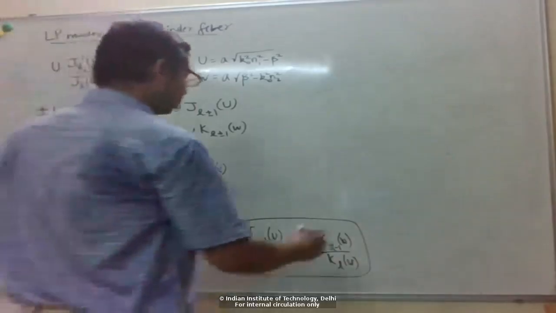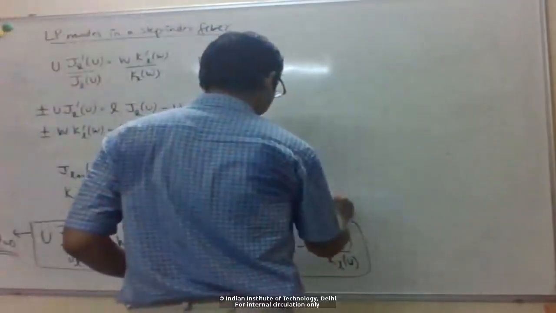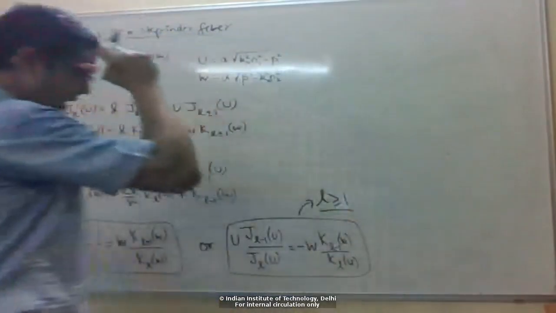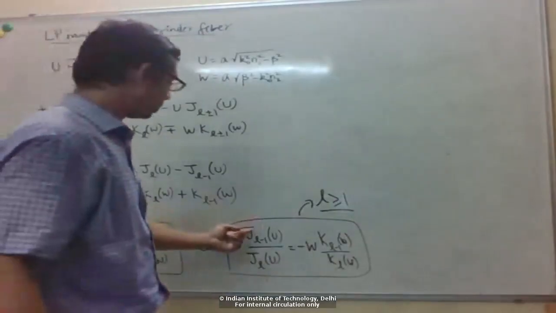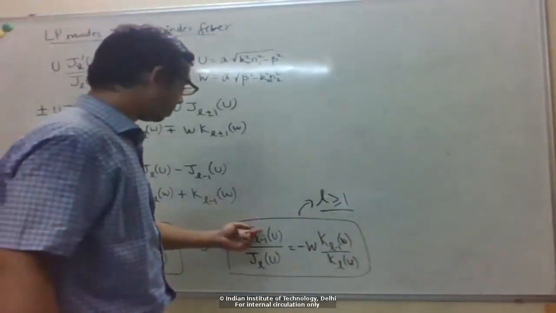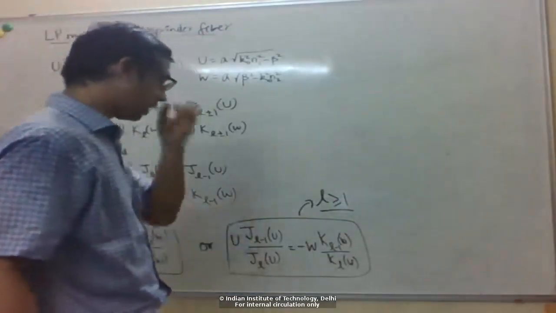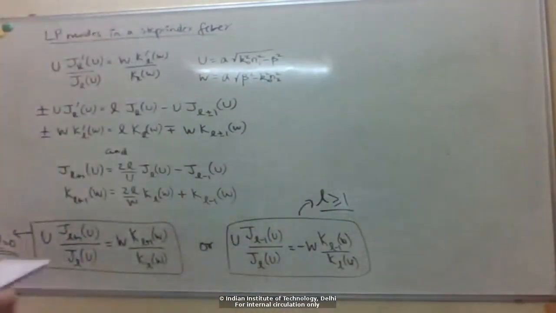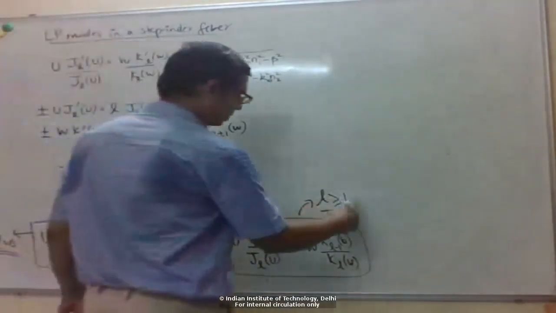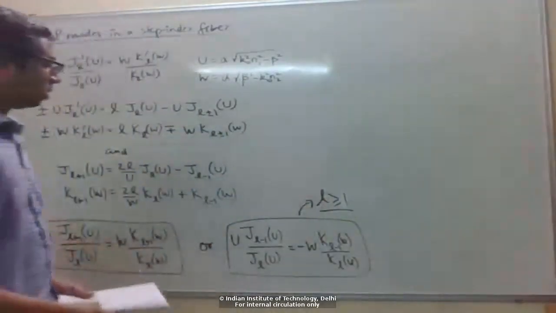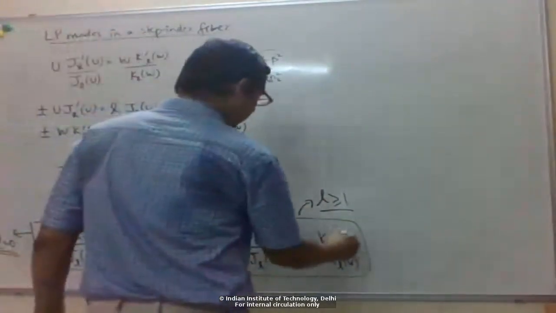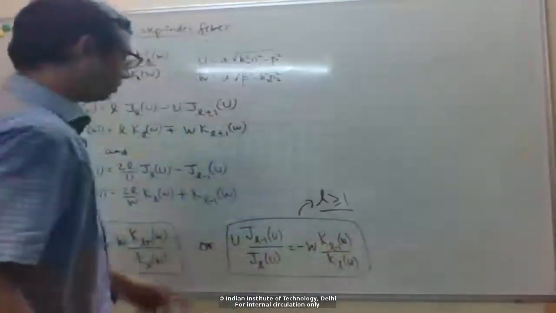And for L greater than or equal to 1, we use this one, where we have the ratio of a lower order Bessel function to a higher order Bessel function. We use this one for all L values except 0, because the function here is better behaved.